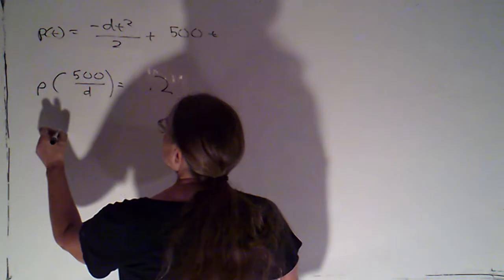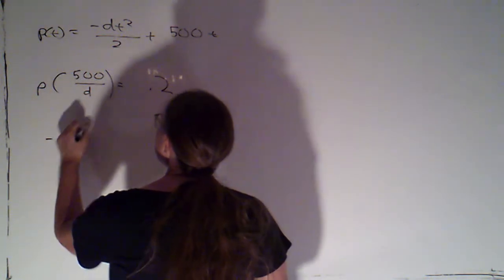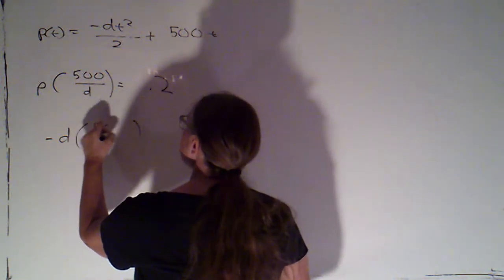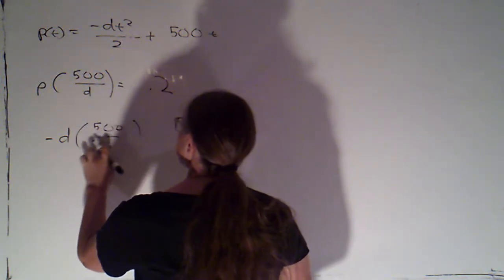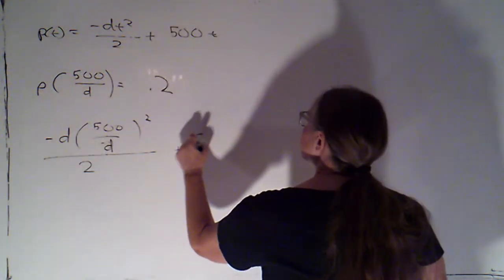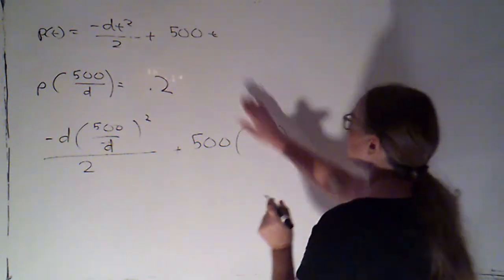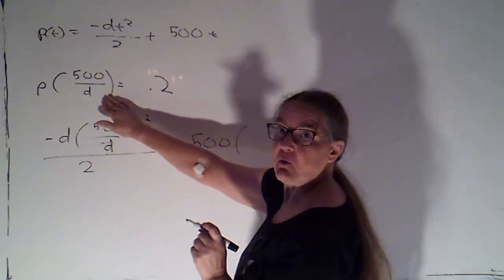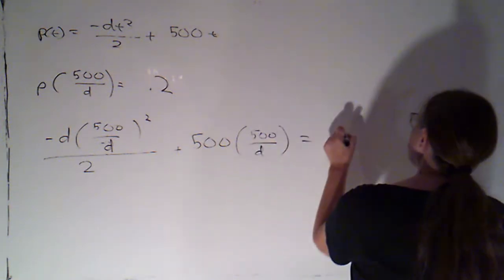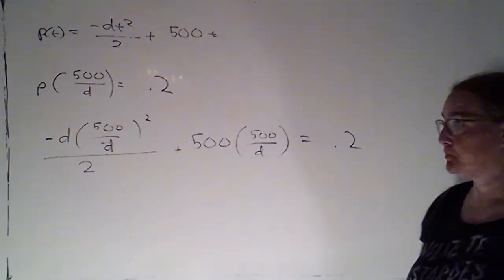Okay. So we're going to have negative d, plugging in for t, the 500 over d, that's 500 over d quantity squared all over 2, plus 500, and then again, we're plugging in for t, this quantity here, 500 over d. And that's got to equal 0.2.